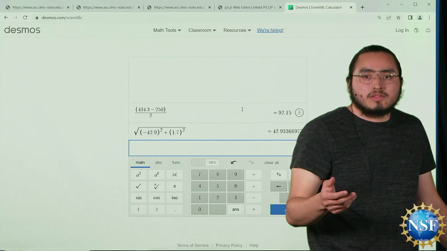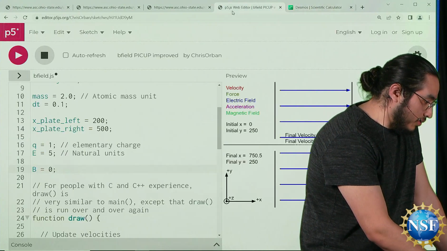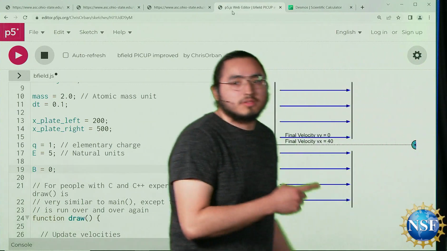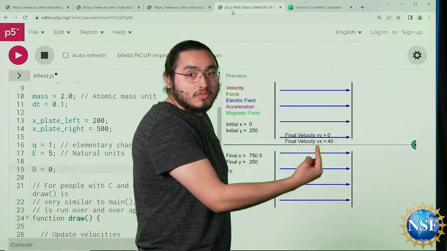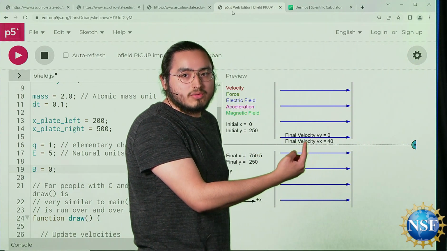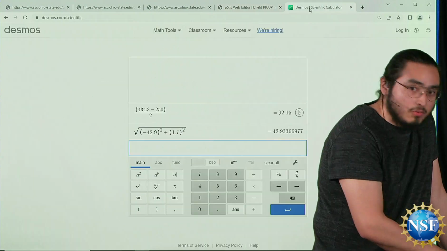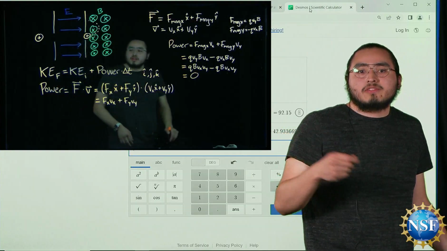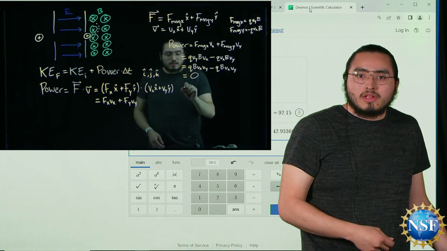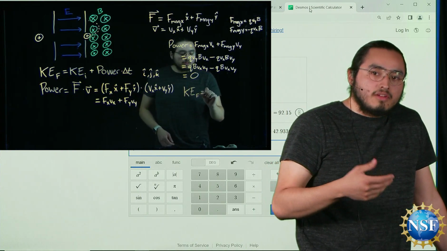And I'm telling you that speed isn't changing, and it should be that of what we saw when we turned the magnetic field off, and we should expect a speed of 40. The velocity is 40, but if there's only speed in the x direction, you square it, square root it, so it comes out to the same thing. Speed's 40. We will be using the glass board after this to define it more and work through it a little bit better to see it, but the true value should be that 40.